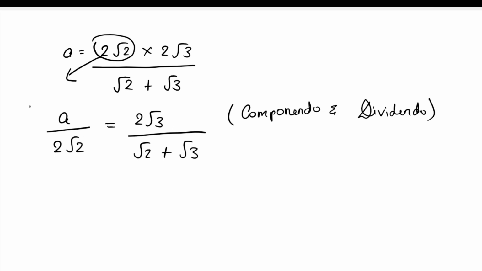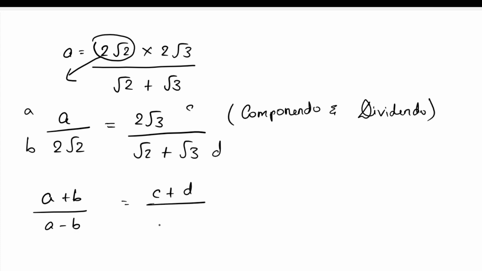So now this is A, this is B, this is C, this is D. Applying componendo and dividendo, I'll get A plus B divided by A minus B is equal to C plus D divided by C minus D.